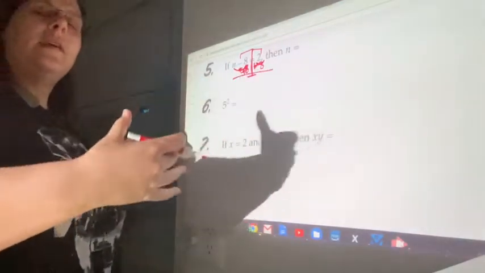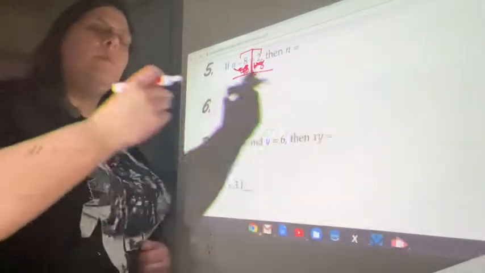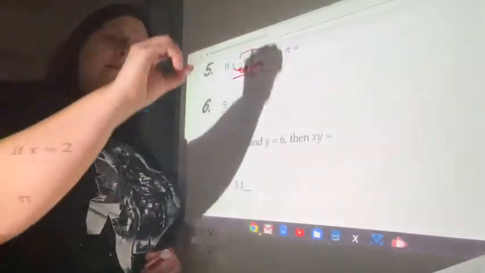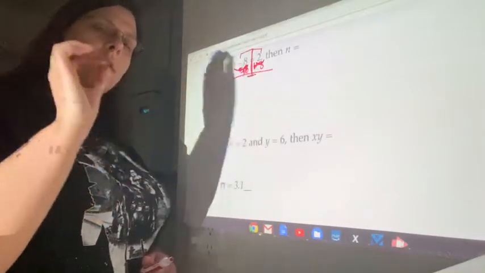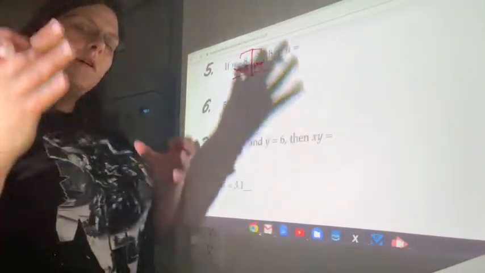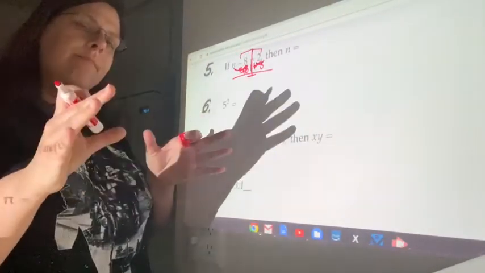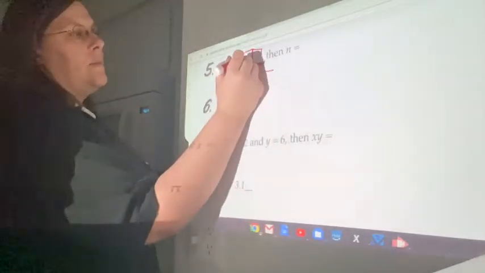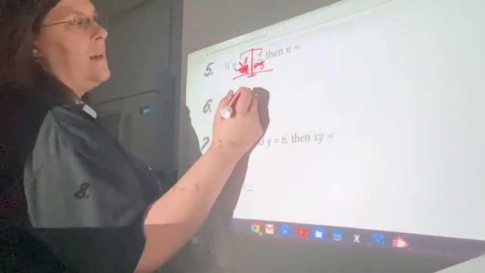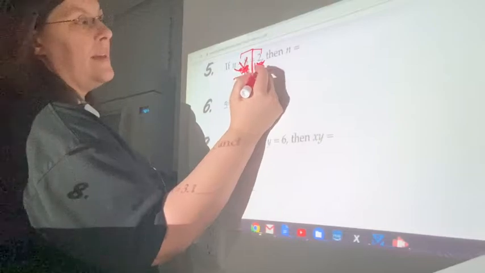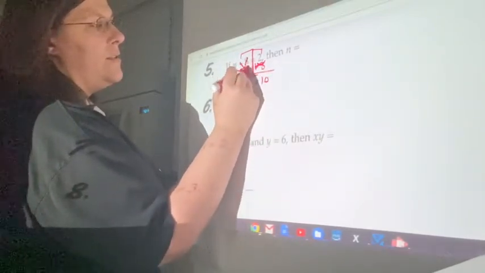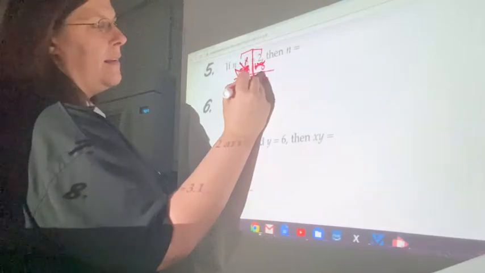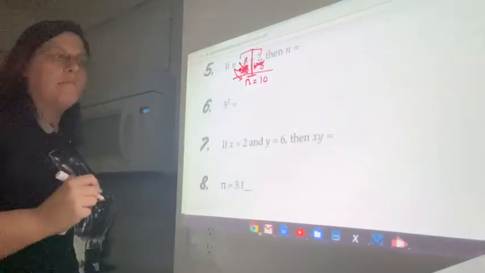Now, if you owe me $8 and then you give me $8, that makes it 0. So when you have a negative and a positive number and they're exactly the same, if you combine them, it becomes 0. So this becomes 0. Now this over here, we have 2 plus 8 equals 10. Now all we have to do is drop down our n, and then we got our answer.